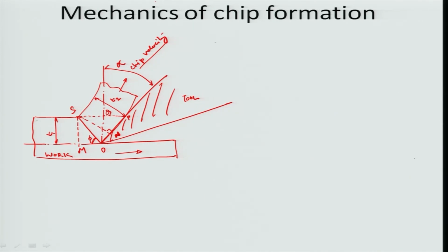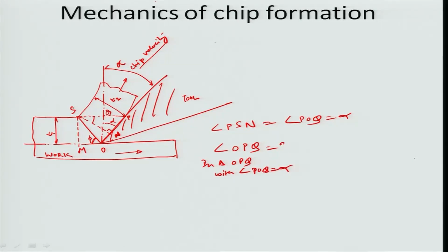And that is how the geometry is. So, if we do the various geometrical considerations here, the angle PSN, which is actually this angle right about here, should be equal to the angle POQ, which is this angle right here, and that is alpha. The reason being that if I look at angle OPQ in triangle OPQ, with angle POQ being equal to alpha, it should be equal to 90 minus alpha.